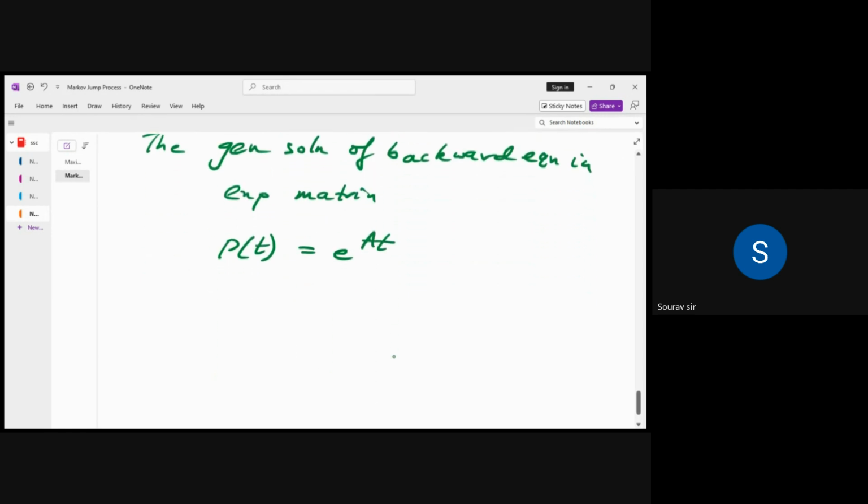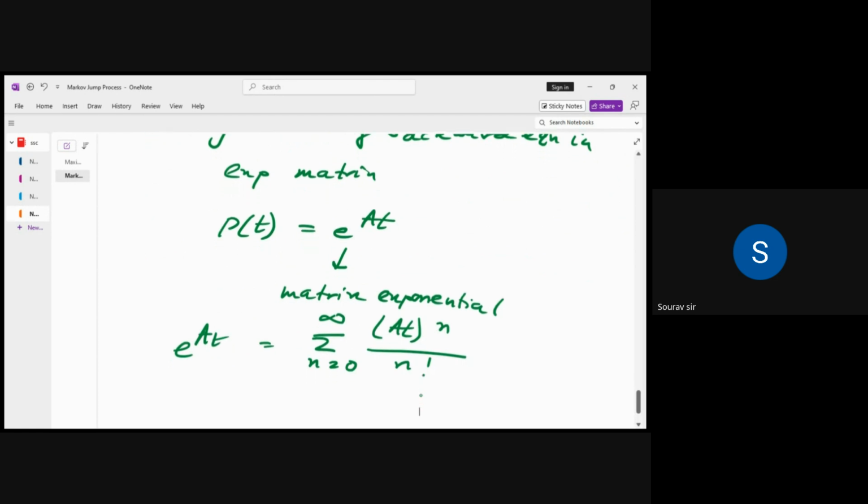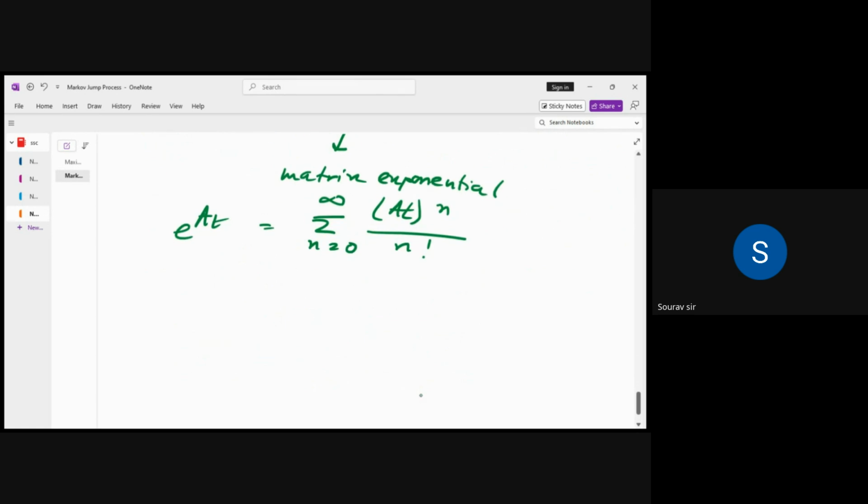The e to the power At is the matrix exponential, which we can compute as the summation from n equals 0 to infinity of (At)^n divided by n factorial. This is useful for computing transition probability where the initial condition is given at the final time rather than the start.